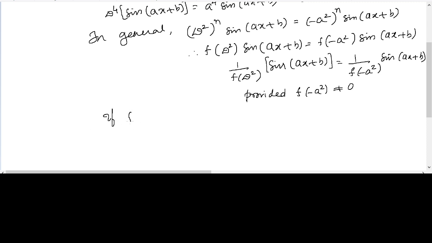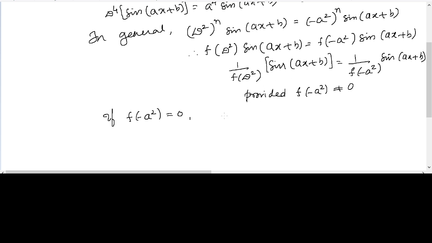Suppose if f of minus a square equal to 0, then what we need to do? Then we call this the case of failure, and to overcome this we have to multiply the numerator by the independent variable.